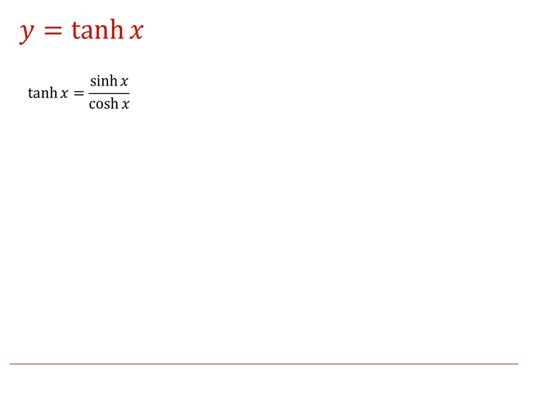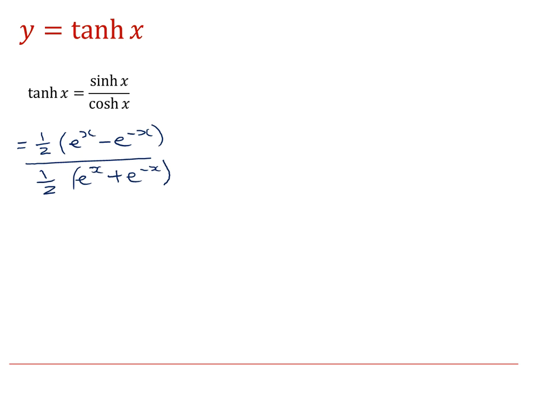Let us now consider y equals tanh x, where we have that tanh x equals sinh x over cosh x, which, were we to use their definitions, would be half of (e to the x minus e to the minus x) over half of (e to the x plus e to the minus x).